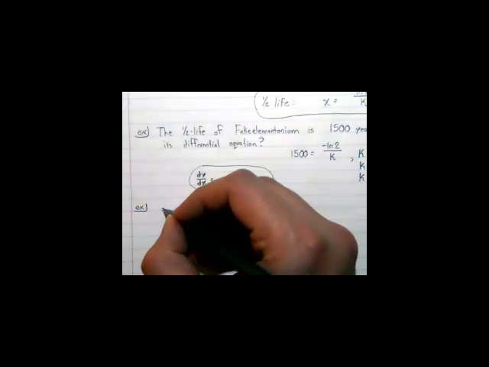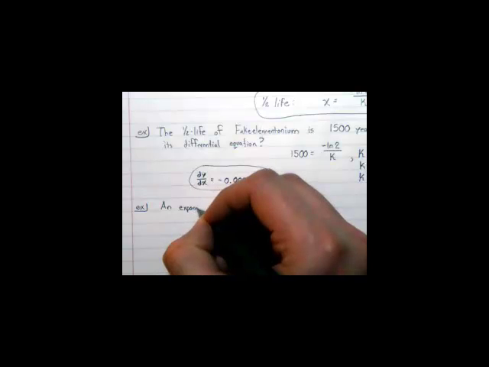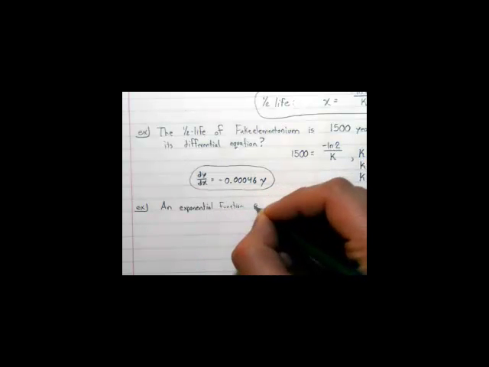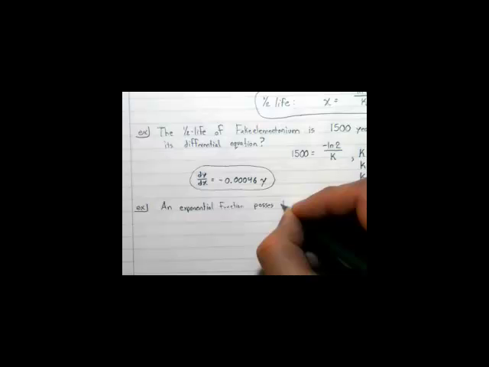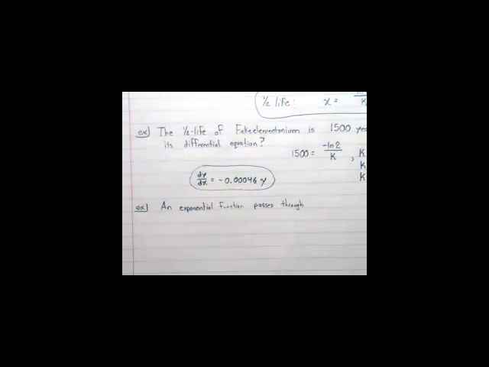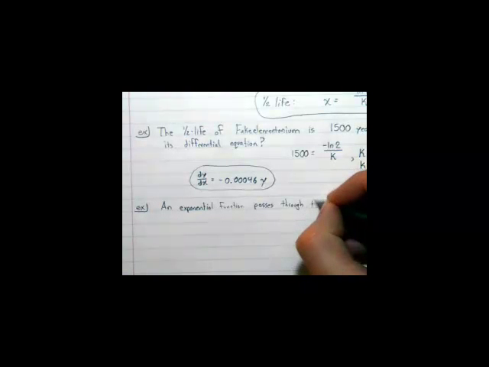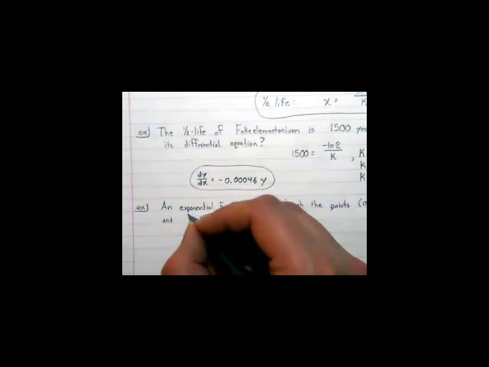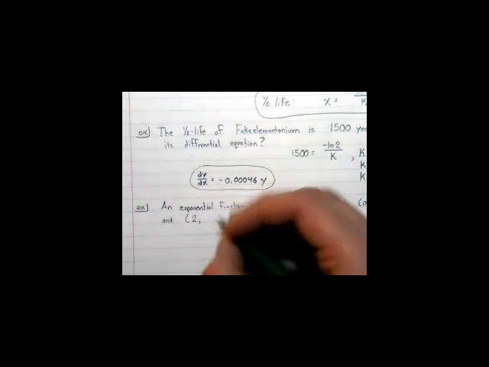So let's say an exponential function passes through the points 0, 4 and 2, 9.